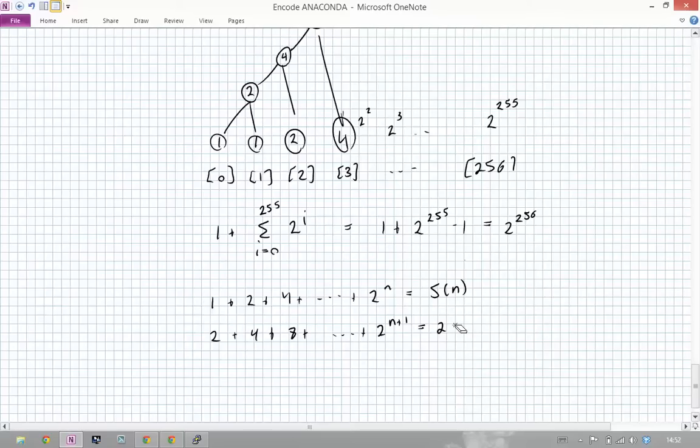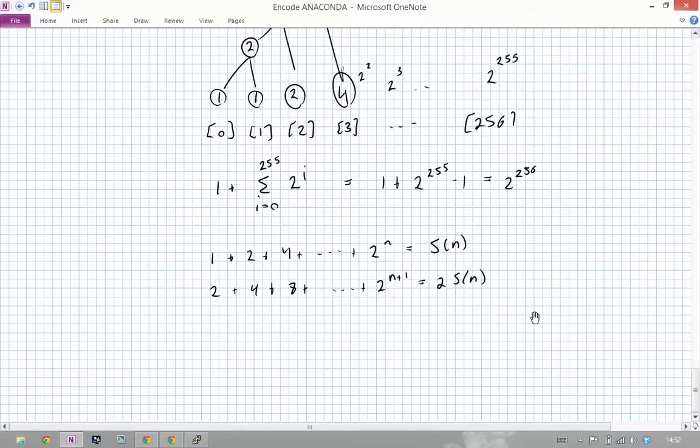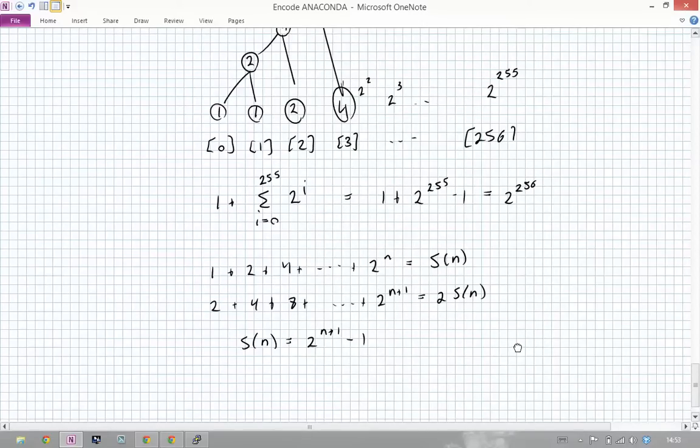And then I can subtract the top line from the bottom line. If I subtract the top line from the bottom line, I get Sn, and I get 2 to the n plus 1, and then a minus 1 down there. And that's secretly the sum i equals 0 to n of 2 to the i.